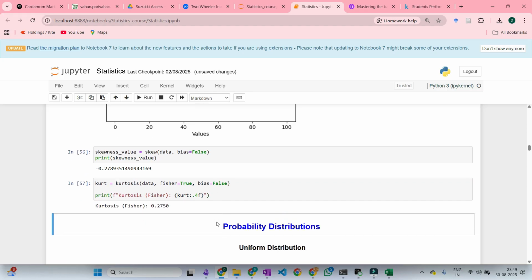Right, the kurtosis is 0.275, which is greater than 0. So it can be leptokurtic or mesokurtic depending upon the value. That means it can have a flatter tail or longer tail, etc. You can refer to the kurtosis diagram. Based upon this value, you can predict the shape of the distribution. So this is how you do descriptive statistics.